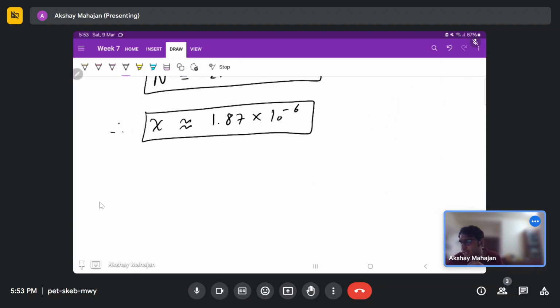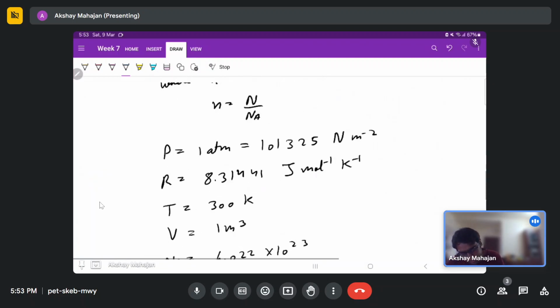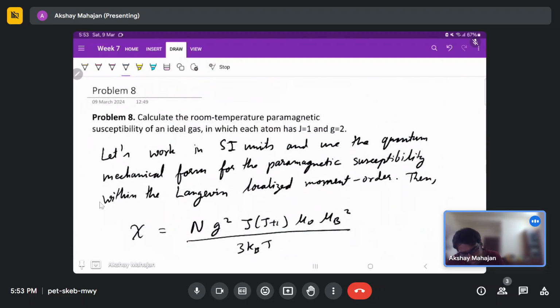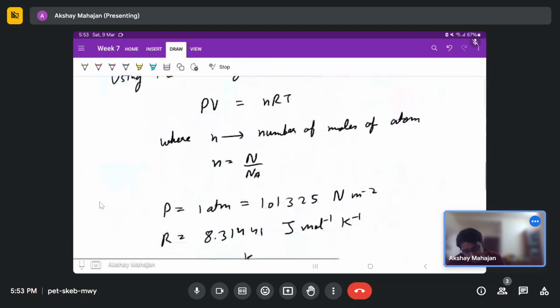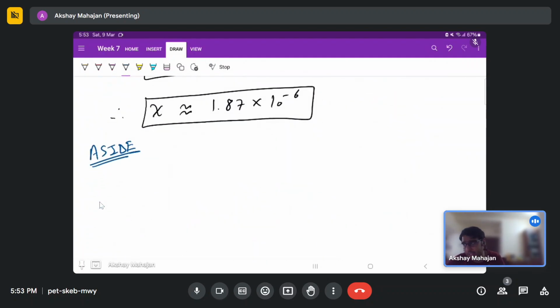And just a note, an aside: the problem is solved. This was the problem that we had to do. We just needed to find the paramagnetic susceptibility for this gas, considering it to be an ideal gas.